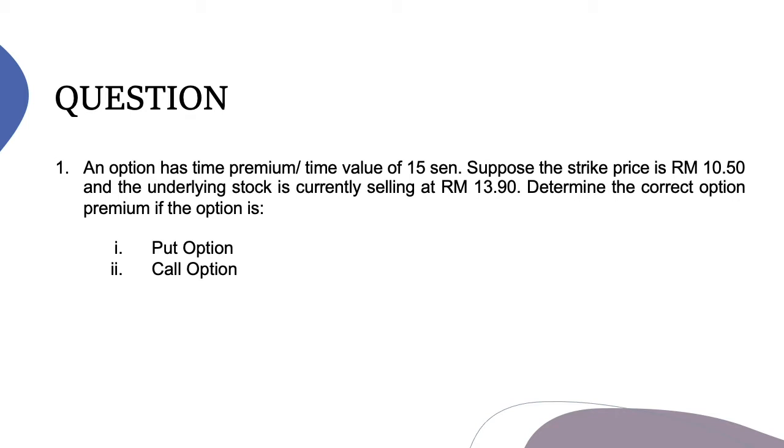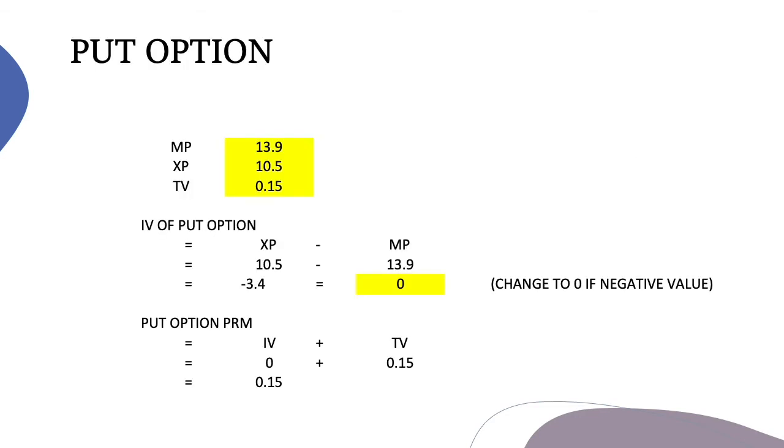Okay, so in this example, the question asks you to calculate the option premium for a put option and the option premium for a call option. If you want to calculate the option premium for the put option contract, first you must identify what information is given in the question.